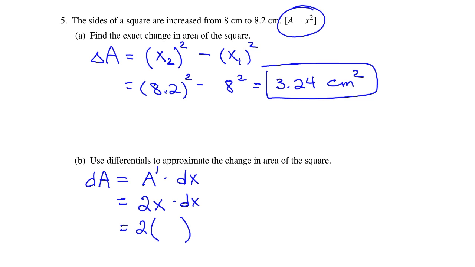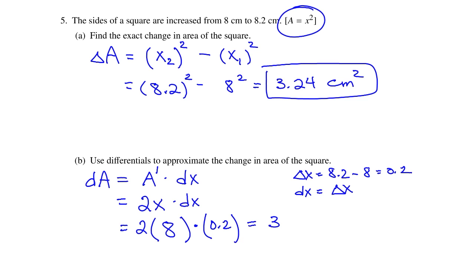It started as 8 centimeters, so you're going to use that as the basis. And then how much did it go up? Well, delta x is 8.2 minus 8, which is 0.2. And when you do a differential problem, you assume that dx is equal to delta x, so it's 0.2. You work that out, and you get 3.2 square centimeters.